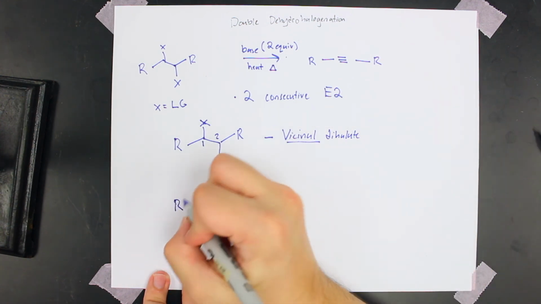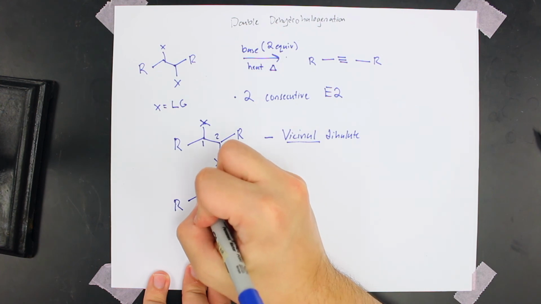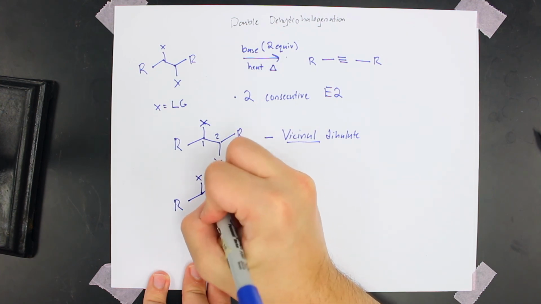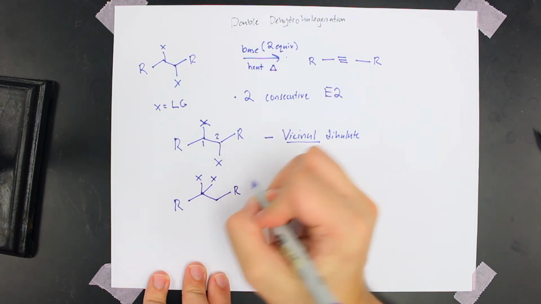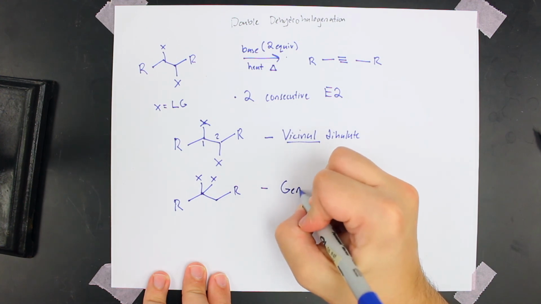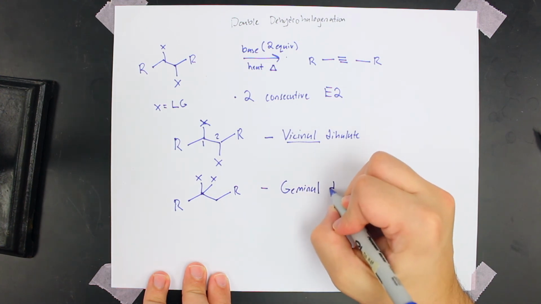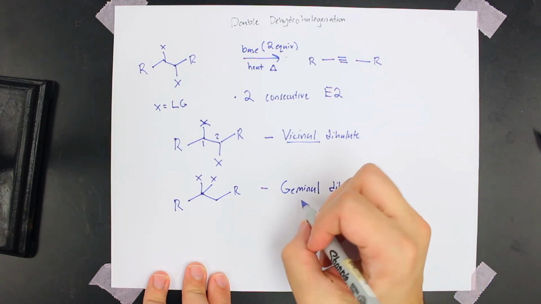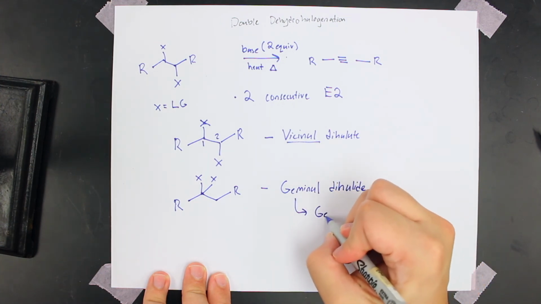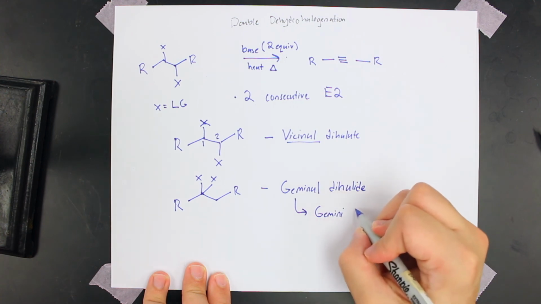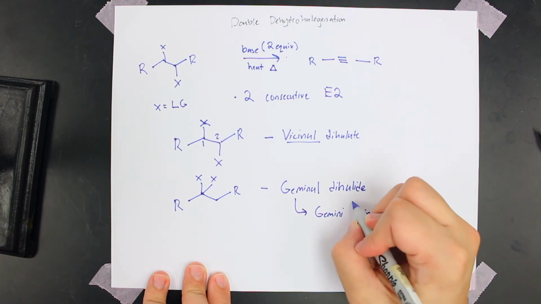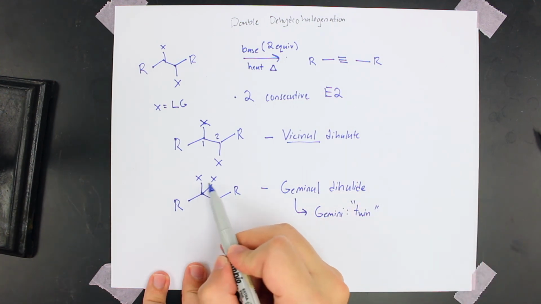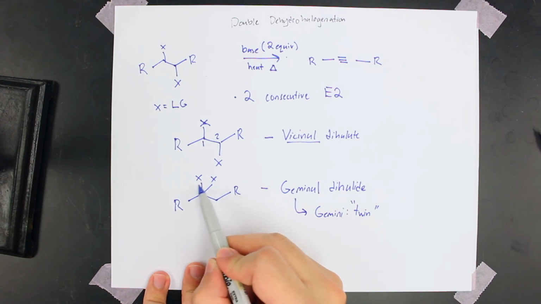And the other possibility for this reaction is if you had a geminal relationship. Geminal comes from the word Gemini, meaning twin. So these halogens are on the same carbon, they're twins of each other.